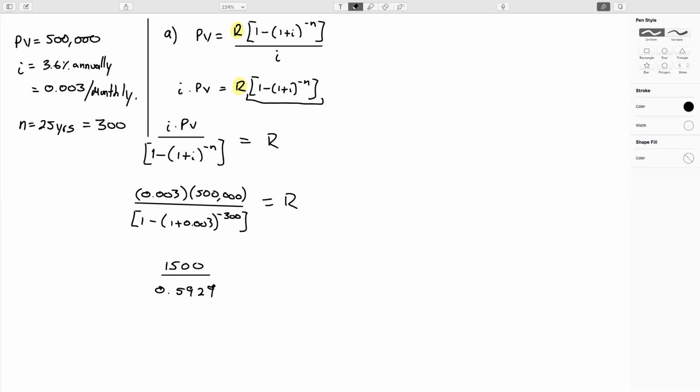And we'll do the last calculation. So she would be paying $2,530 a month and 1 cent.